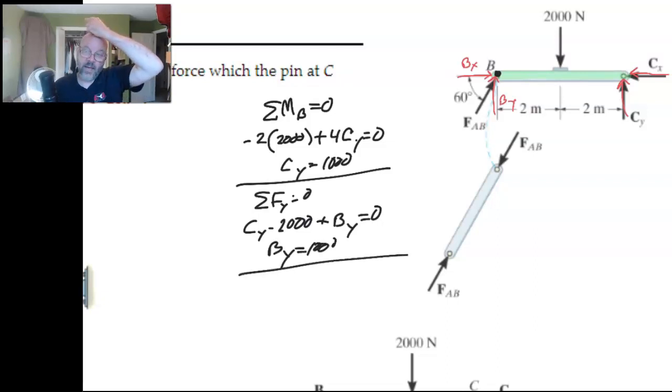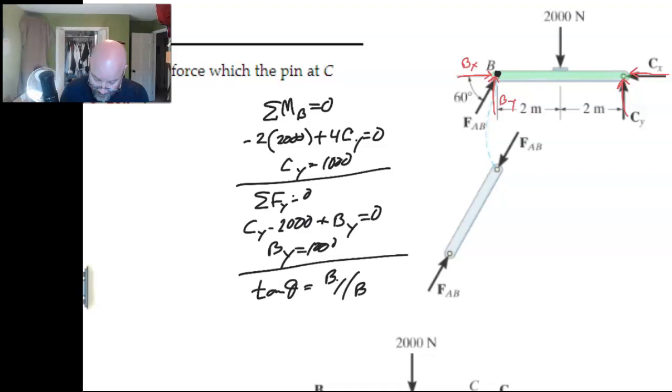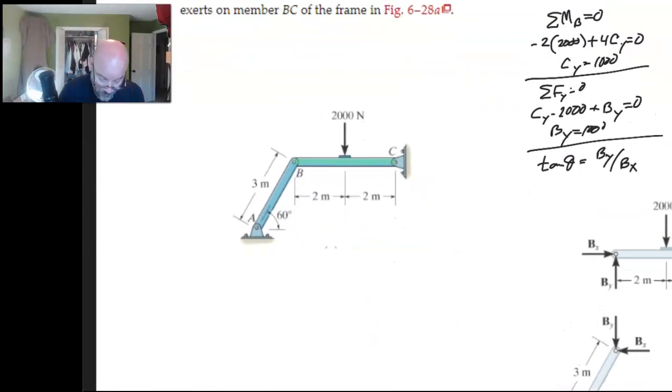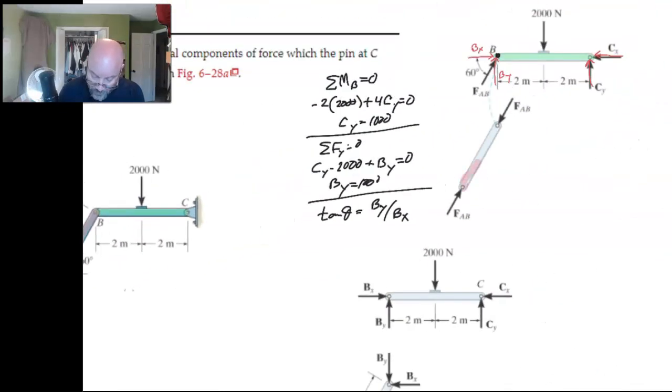Okay. Just like that. Now, how are we going to get BX and CX? Well, we get BX and CX by realizing that BX and CX are related. Okay. Tangent of theta is BY divided by BX. Okay. Because that's true, because this guy's a 2-force member. So this is it right here. Okay. Since it's a 2-force member, then we know the directions here and here. Piece of cake.